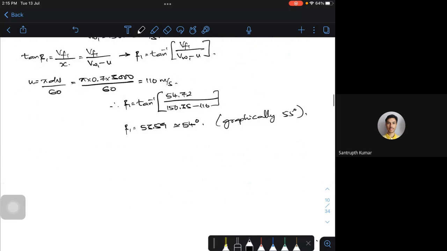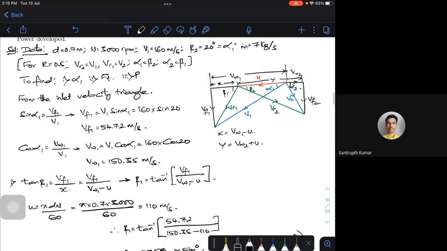The second one, the tangential force Ft is equal to m dot into VW1 minus VW2.